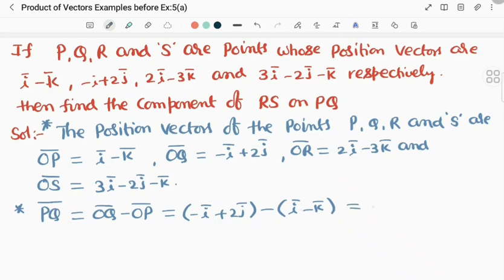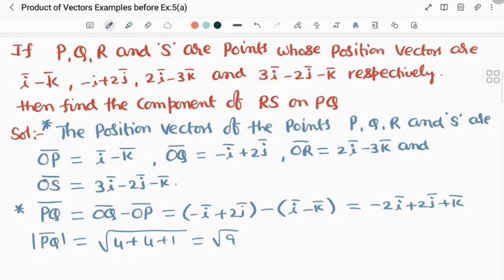So minus i minus i is minus 2i, 2j, and minus into minus k gives plus k. So for this PQ vector, calculate the magnitude also, dear students. Equal to root over 2 square, 4 plus 4 plus 1, root 9, that is equal to 3.